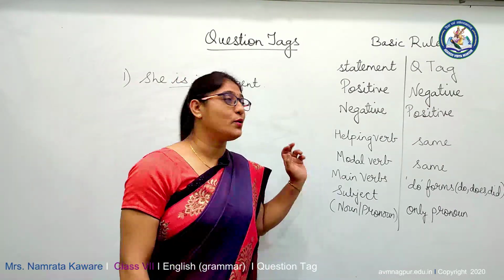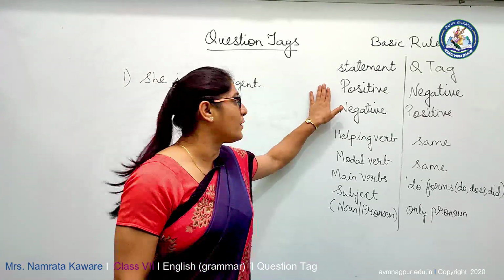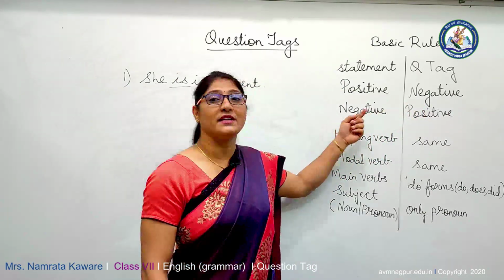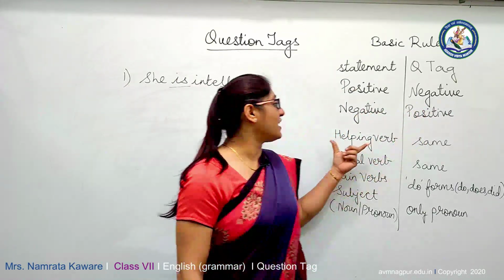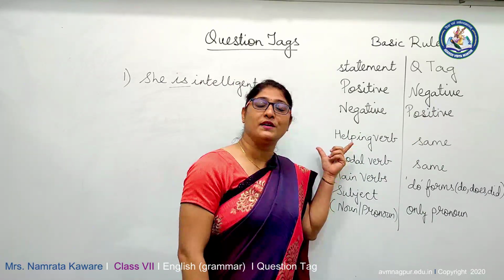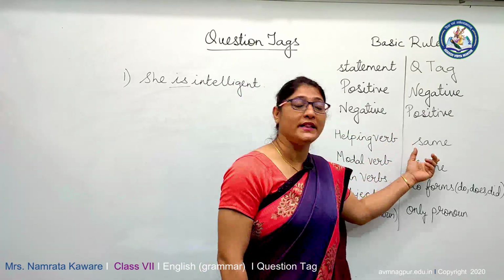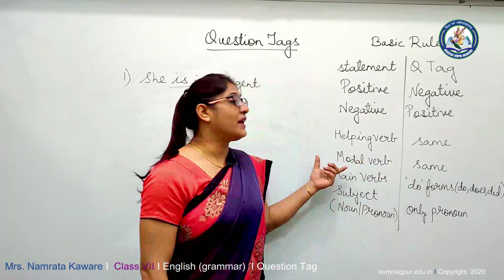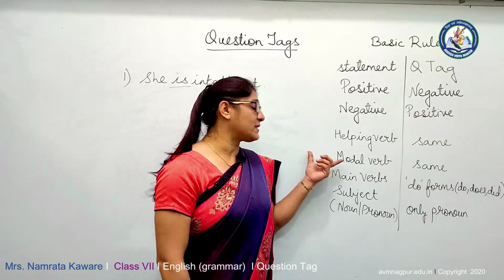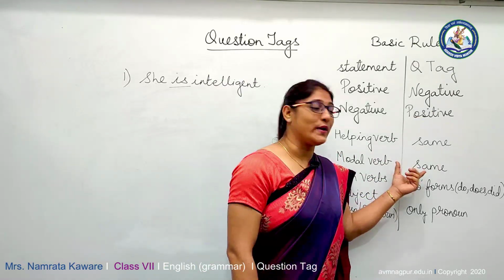See some basic rules of adding question tag. The first rule says if the statement is positive, the tag will be negative. If the statement is negative, the tag will be positive. The third rule says if there is a helping verb like is, am, are, was, were, has, have, had, etc., then we use the same verb in the question tag. If there are modal verbs in the sentence like can, could, must, should, etc., we add the same verb in the question tag.